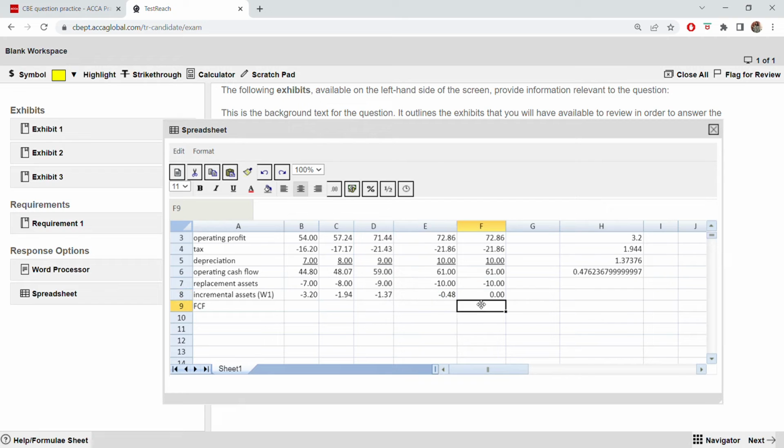So you can put minus sign to it. Like this. Now perform the sum function. From operating cash flow, deduct this too. Okay. And drag it to the other cell. Even this. Then we have, okay, this also you can format to 2 decimal places by clicking here.